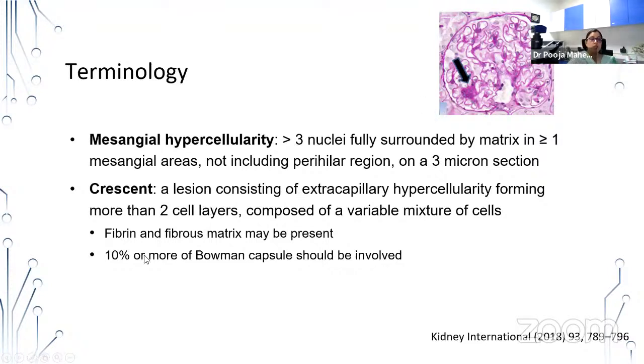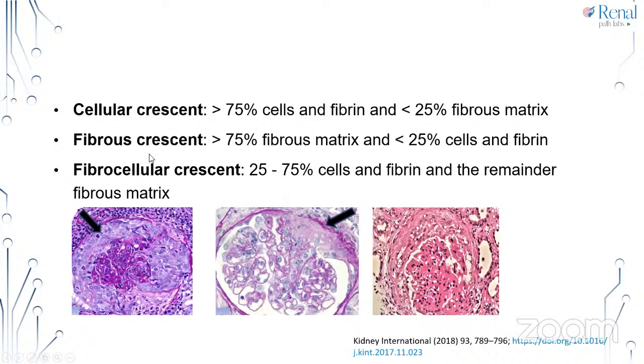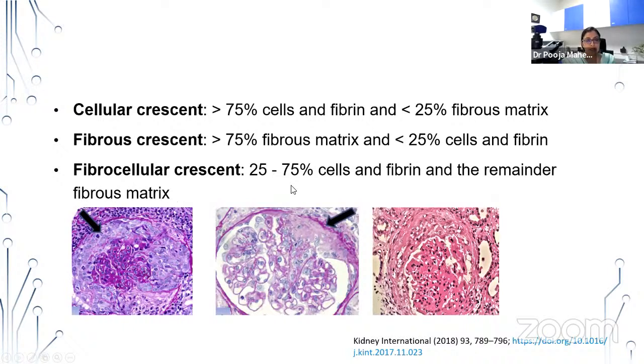What is a crescent? A crescent is a lesion consisting of extracapillary hypercellularity forming more than 2 cell layers. It can be composed of a variable mixture of cells. Fibrin and fibrous matrix may be present, and the current threshold is 10% or more of the Bowman's capsule should be involved. What are cellular, fibrous, and fibrocellular crescents?